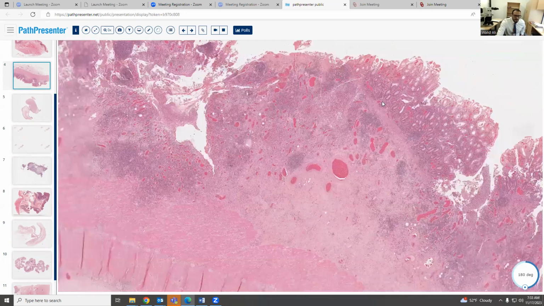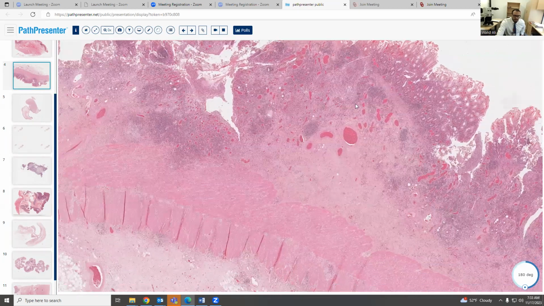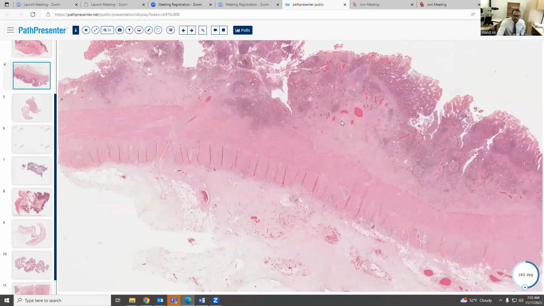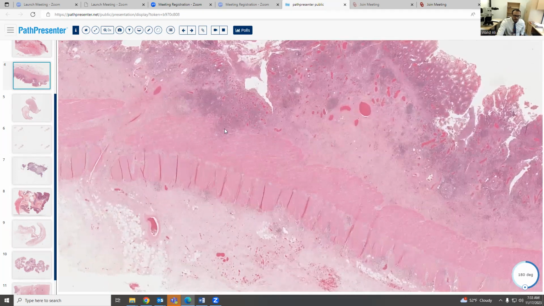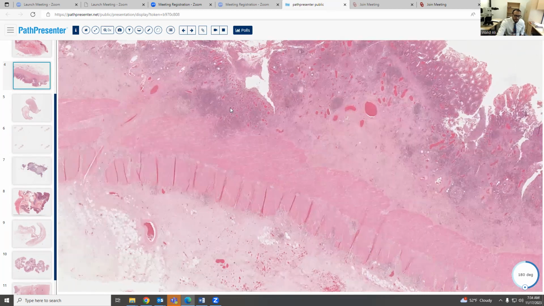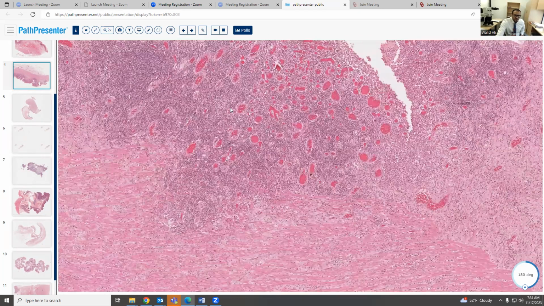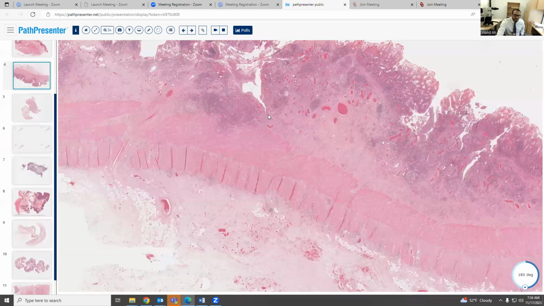But if we look here, we see the inflammatory cells go down even to the muscularis propria. Like you see, those are all inflammatory cells. It's different than the previous case. We see here inflammatory cells go down through the submucosa and even to the muscularis. It can even go to the serosa.